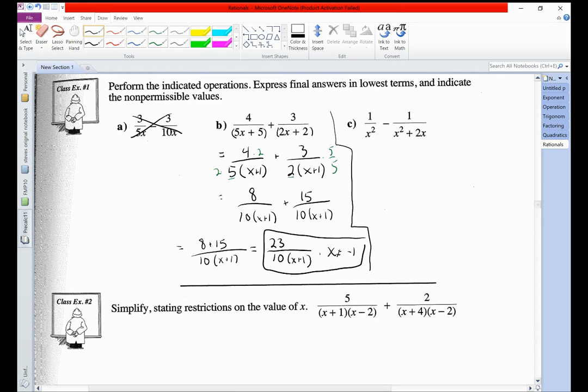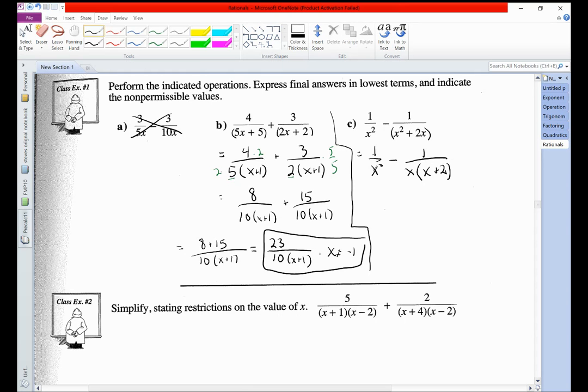So in the next one we have 1 over x squared minus 1 over, so I'm going to factor an x out of this binomial right here. So now I have x times x plus 2.